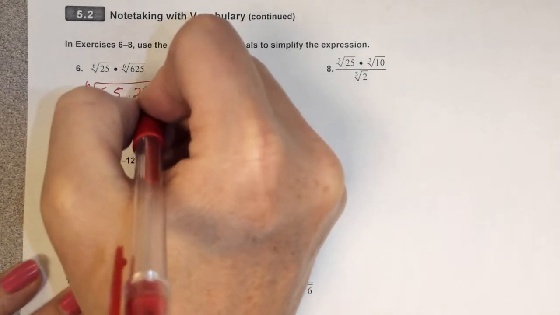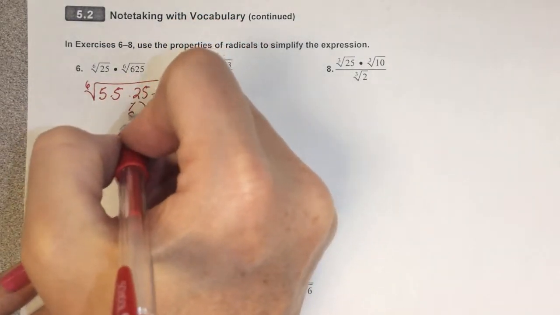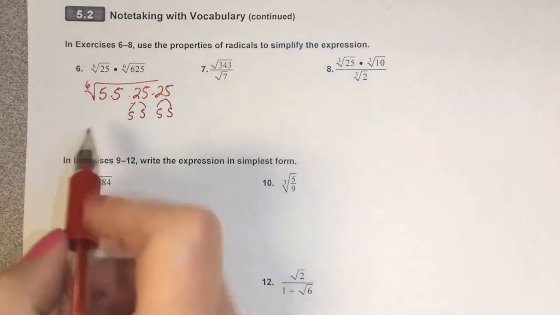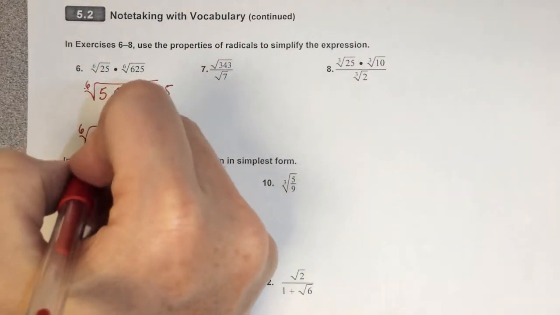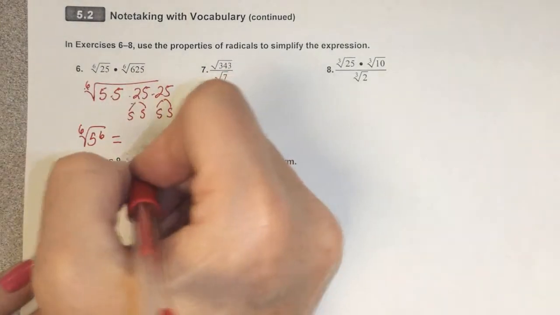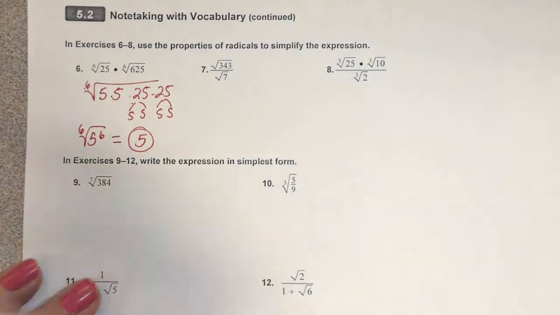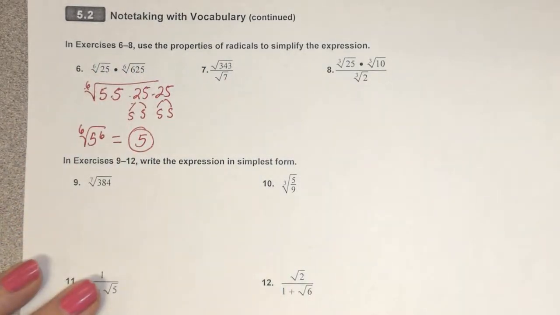It's 25 times 25. So now look at this. We really have a 5 times 5 here and a 5 times 5 here. So if I have the 6th root and I have the 6th root of 5 to the 6th, what's it going to be? Just 5. Okay? That is much quicker than getting out your calculator and trying to do that even. I only want you to use your calculator if it's absolutely necessary.